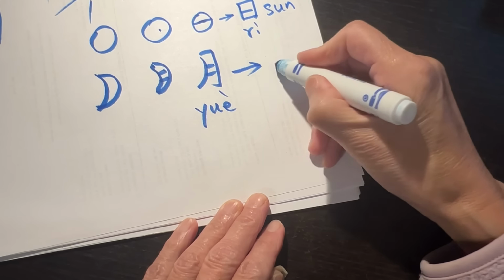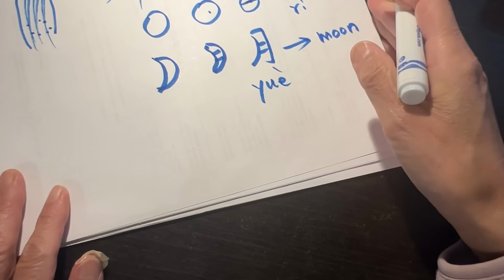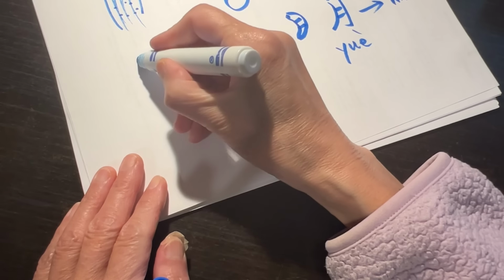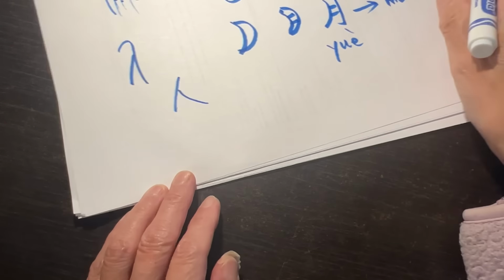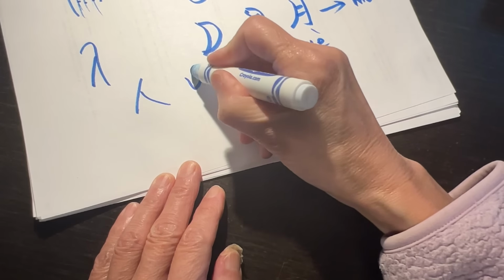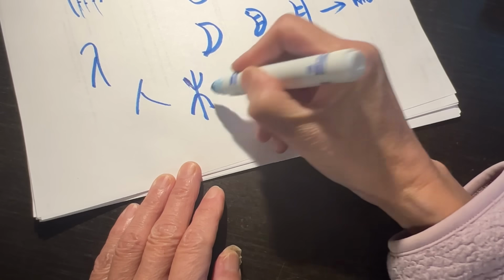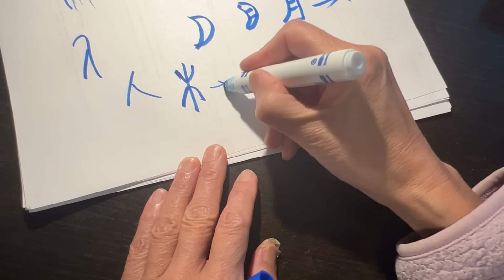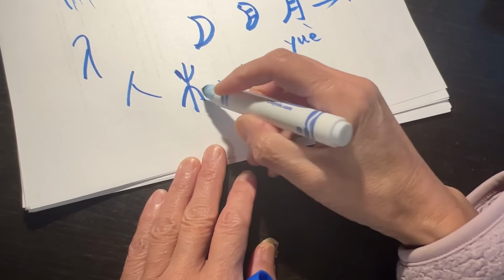Pronunciation, it means the moon. 山水 and human, this is 人, and this one is wood, tree. 木.